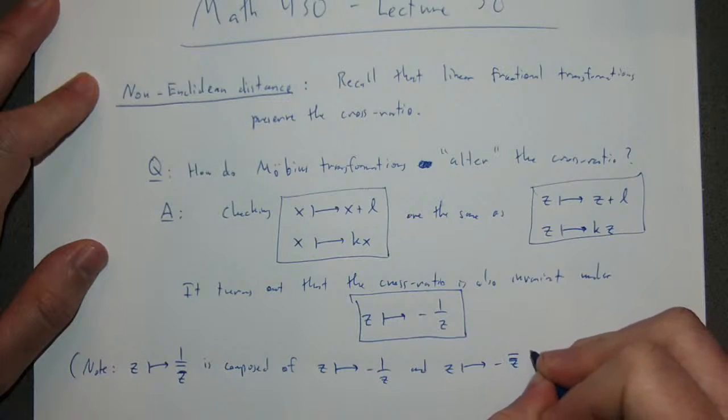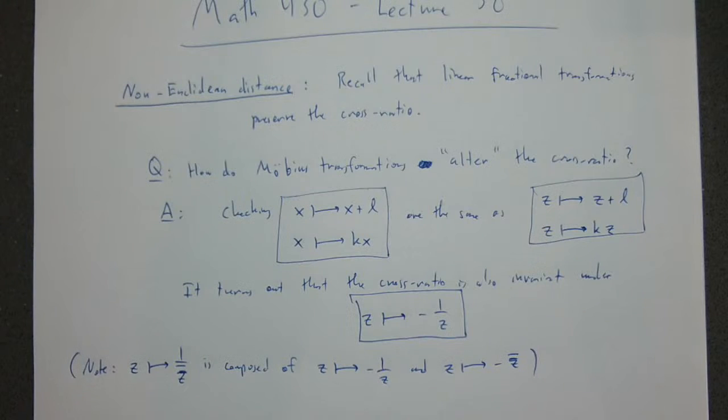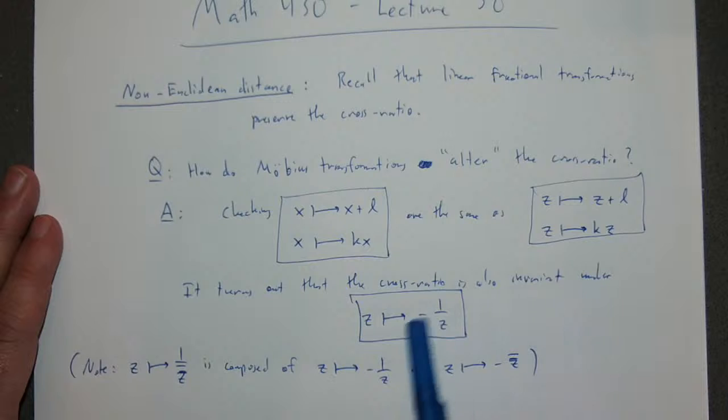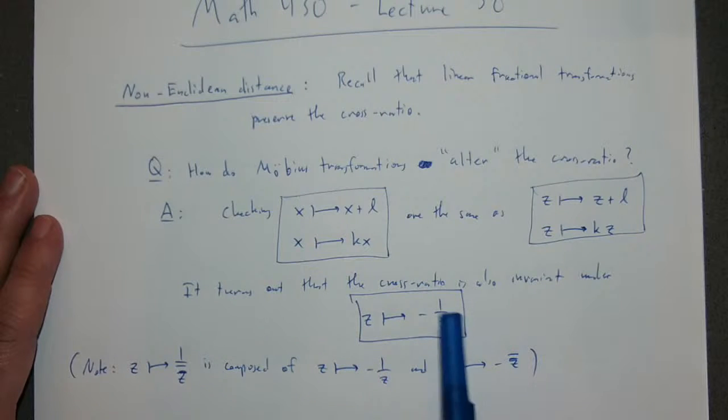Right, the usual reflection that we do. And so the cross ratio is invariant with respect to this transformation.